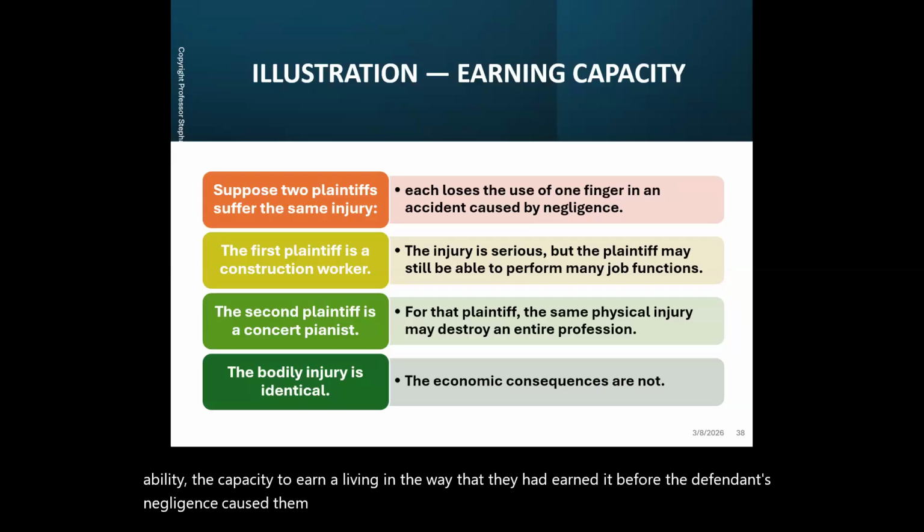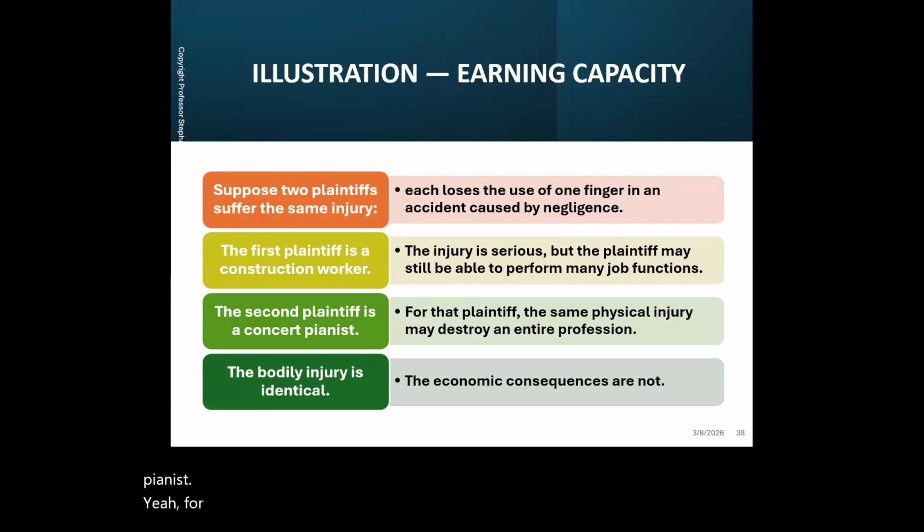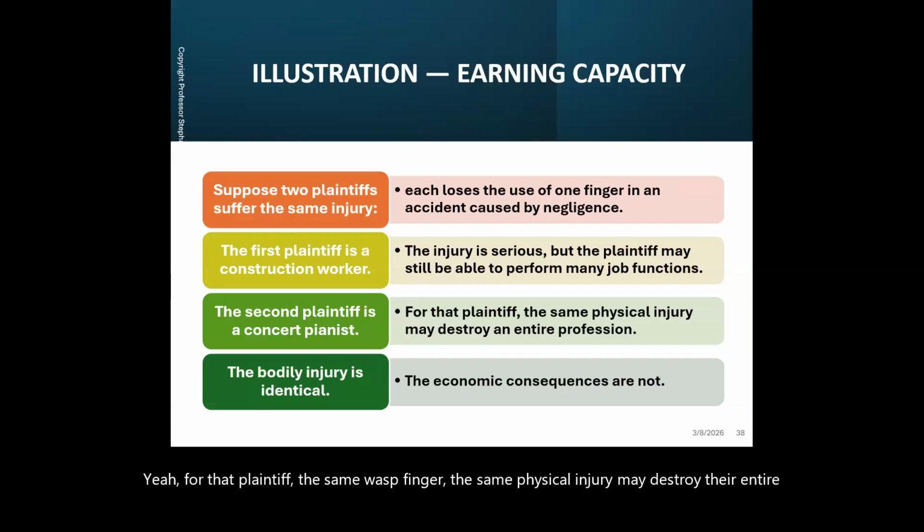Let's say the second plaintiff is a concert pianist. For that plaintiff, the same lost finger, the same physical injury may destroy their entire future in that profession. Get it?